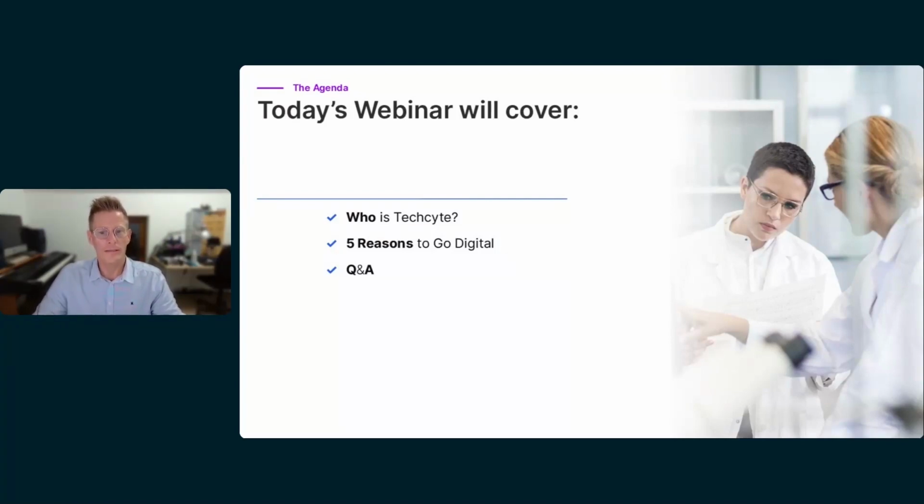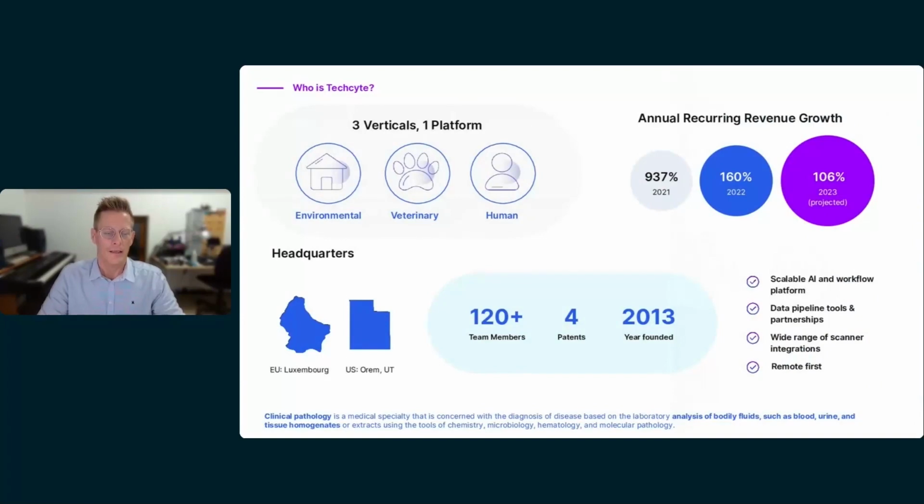So without further ado, let's talk a bit about TechSite. We are a software company that's specialized in developing AI-powered solutions for the medical industry. I say the medical industry, but we do have three verticals.